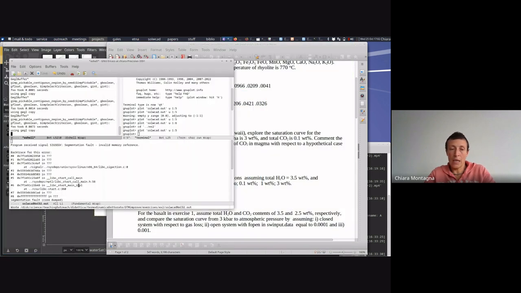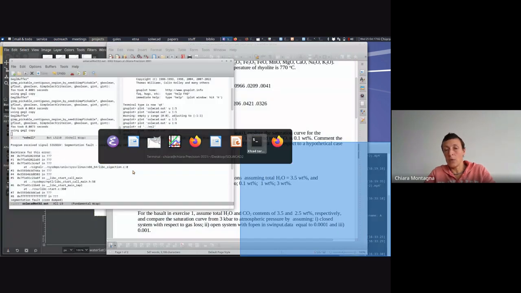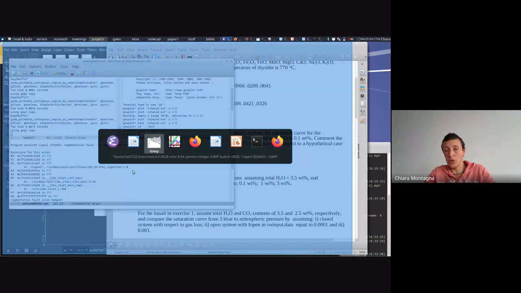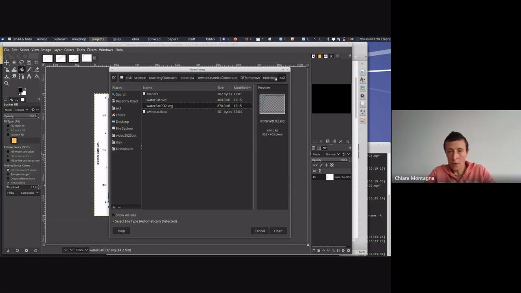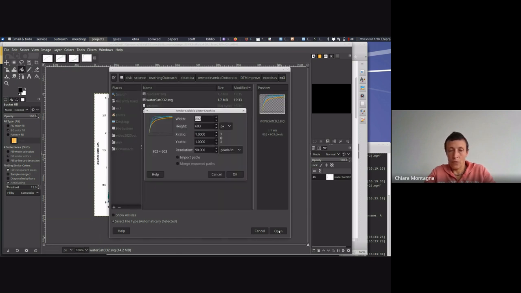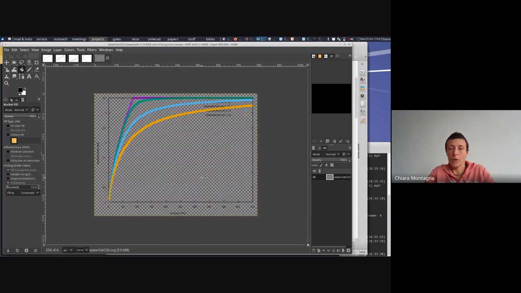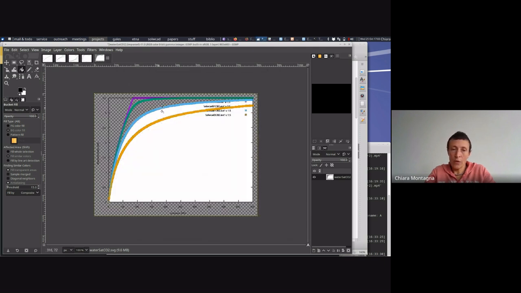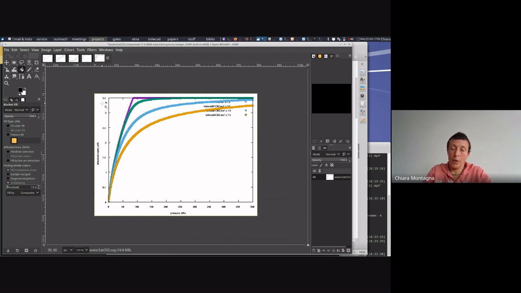You need to modify SW.data accordingly, but the results that I will show you now are here for exercise 3. It's always the same figure: dissolved water as a function of pressure.